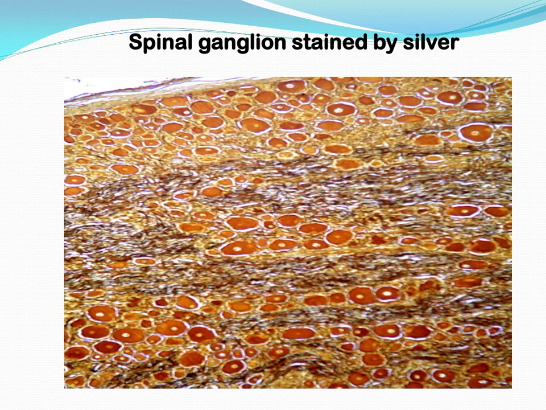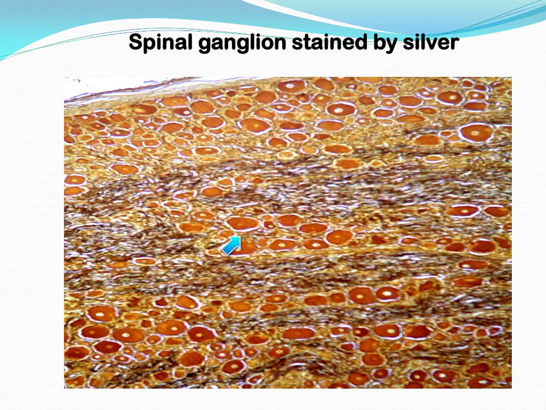What else? The cells here are not uniform in size. We have big size, we have small size, we have intermediate size, and each size is responsible for a certain sensation to transmit to the central nervous system. Of course, why is there brown coloration?